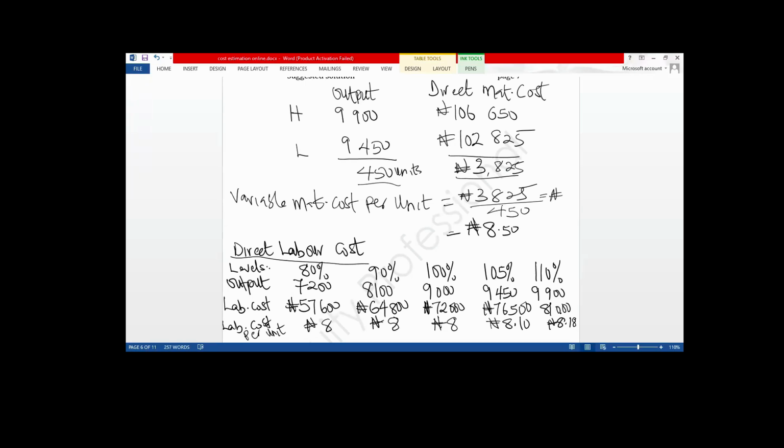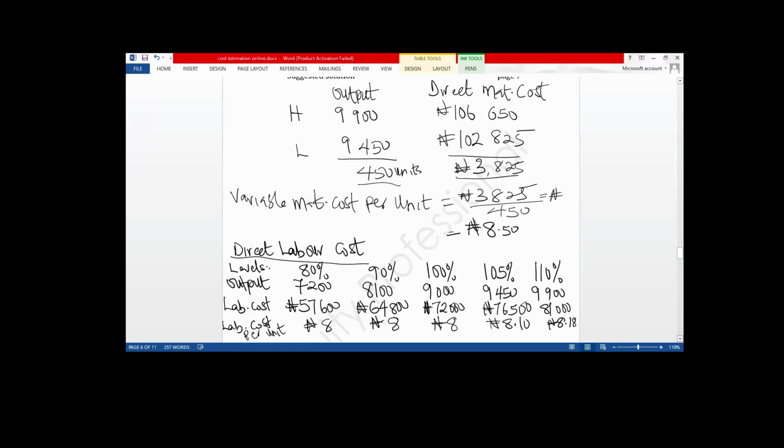This could be as a result of overtime payments. In this case, it is necessary to use the high and low method to determine labor cost per unit when production is above 100%. Is that clear, please?